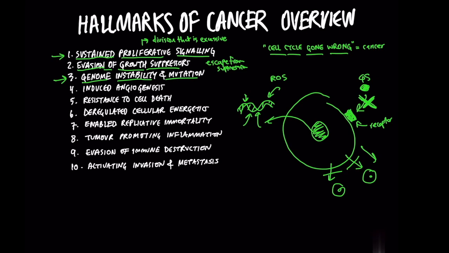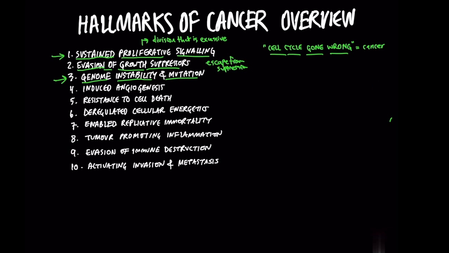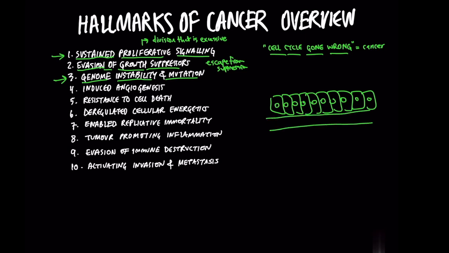Now we know in our bodies we don't have only one cell, we have many cells that make up a tissue. So let's say we have epithelial cells, which are really just like this in simple terms, and they are beside, say, blood vessels.